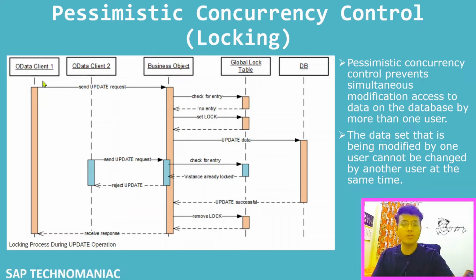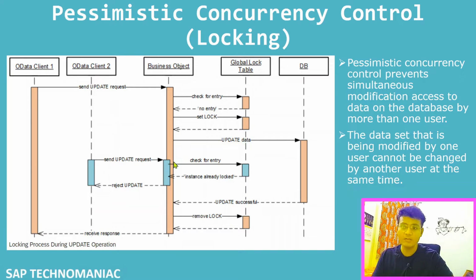When user 1 or OData client 1 is updating the data, OData client 2 also wants to update the same instance. Another user wants to update the same instance of that particular business object. He will do the same thing: he will send the request to the business object, I want to update this one.